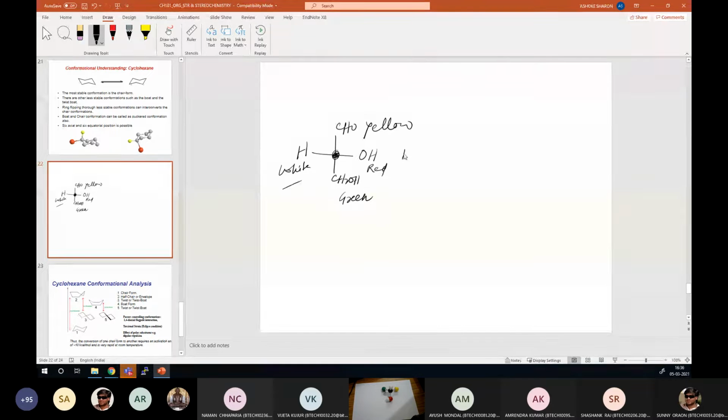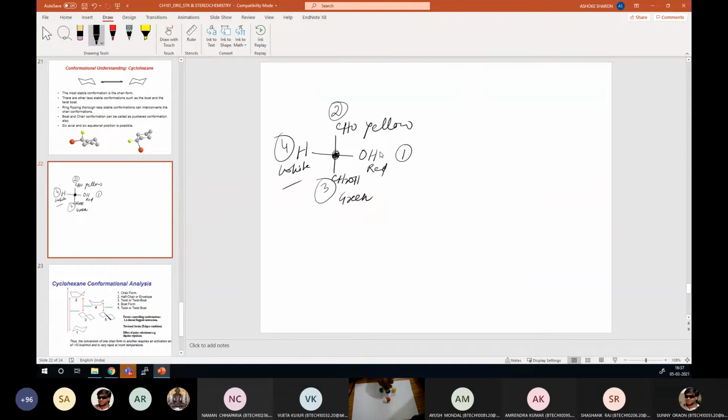Okay, OH priority is 1, aldehyde priority is 2, CH2OH priority is 3, and hydrogen priority is 4. So now, whatever the structure is on paper, is this R or S? You know the priority now. So most of you are answering R.